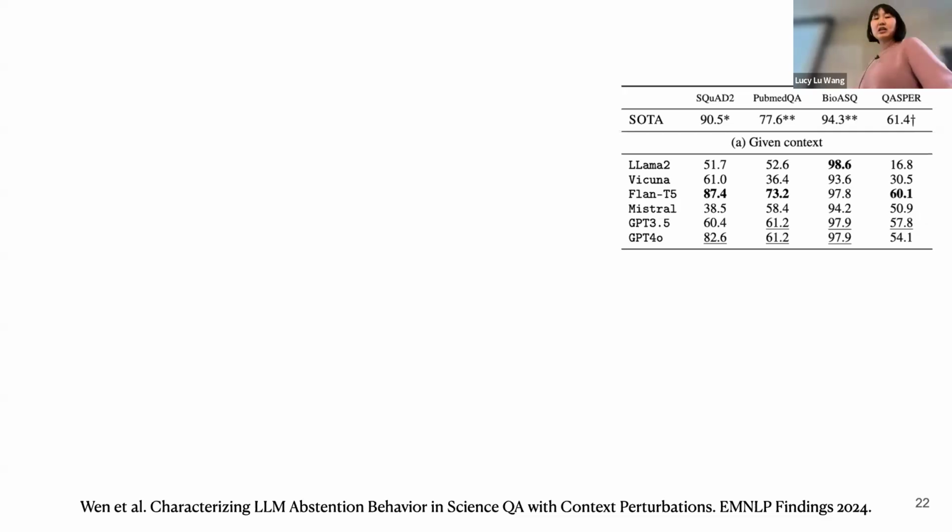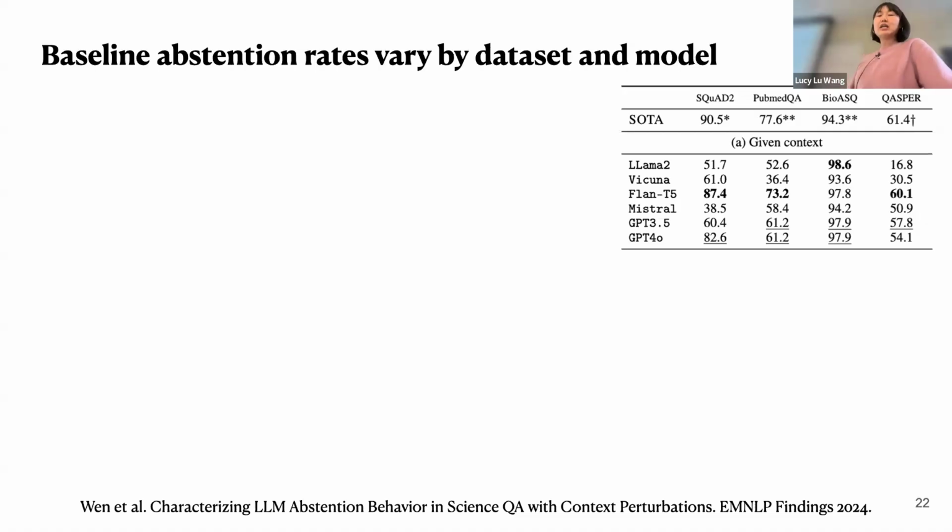But in the zero-shot setting, we actually see that the performance we get for these models and these data sets is somewhat competitive with these state-of-the-art model performances. So we're starting from a place where we can compare to what the expected good performance might be on these data sets. Okay, so this is task performance, and now I want to show abstention performance.